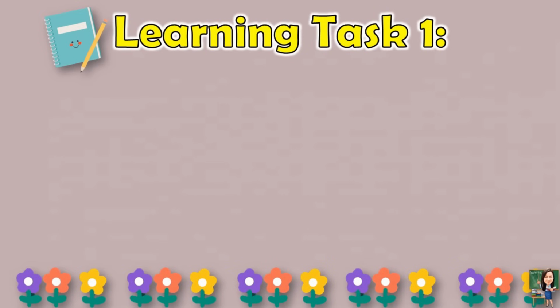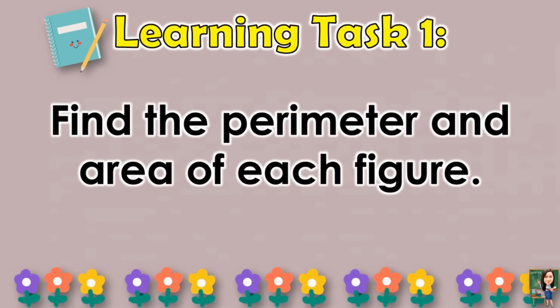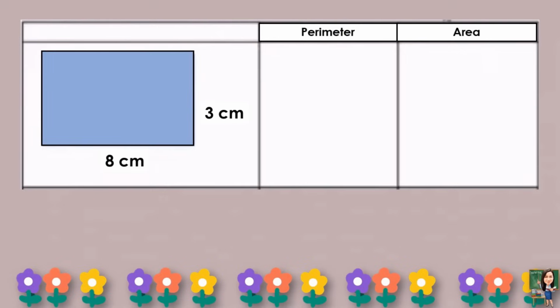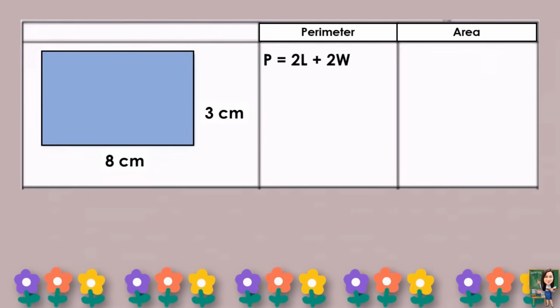For Learning Task 1, find the perimeter and area of each figure. For number 1, this is a rectangle. The width is 3 cm and the length is 8 cm. Let's get first the perimeter. The formula of perimeter is perimeter equals 2 length plus 2 width.